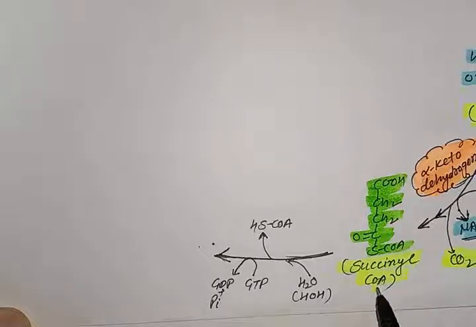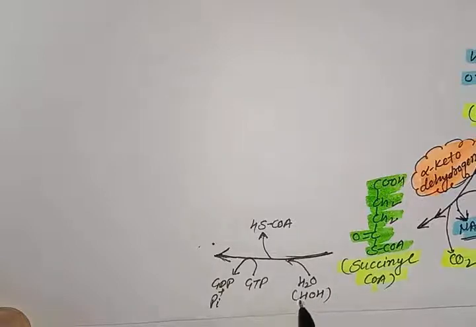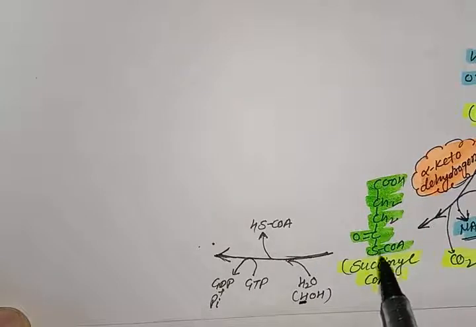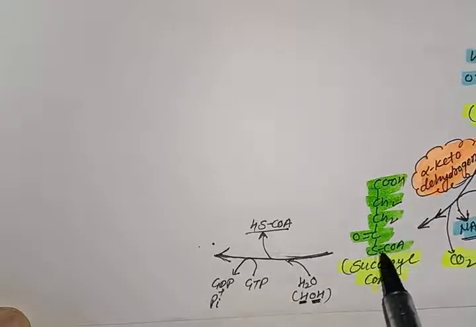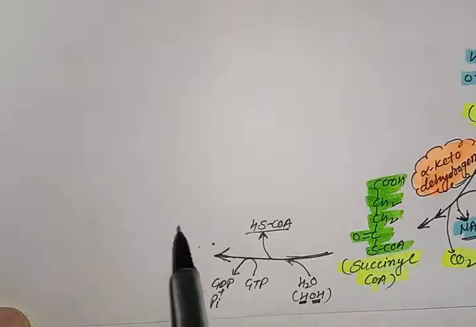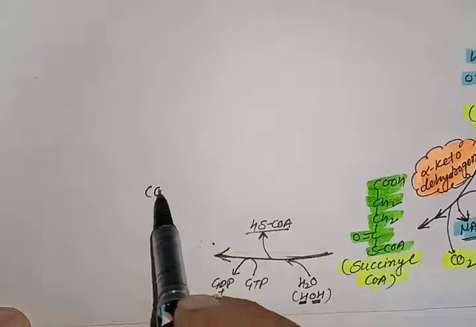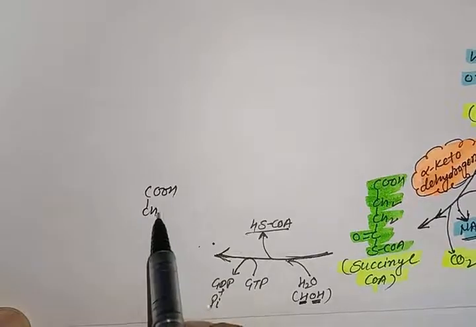In the next step, succinyl CoA is changed into succinic acid by the removal of this SCoA group. So when this SCoA group is removed, in the presence of water, the H of water attaches with SCoA group to form SCoH, and the OH of water attaches at this position with C double bond O carbon when SCoA is removed to form succinic acid. So this COOH remains same.